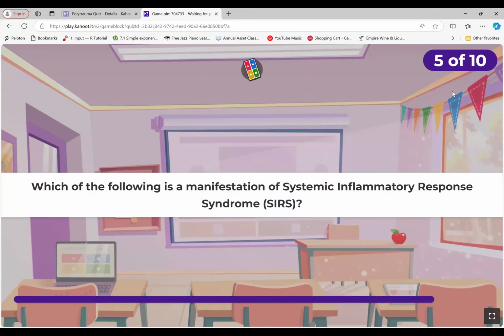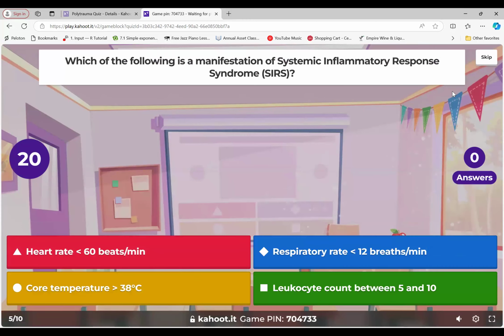All right. Which is the manifestation of systemic inflammatory response syndrome? A heart rate of less than 60 beats per minute, core temperature greater than 38, respiratory rate less than 12 breaths per minute, leukocyte count between 5 and 10.